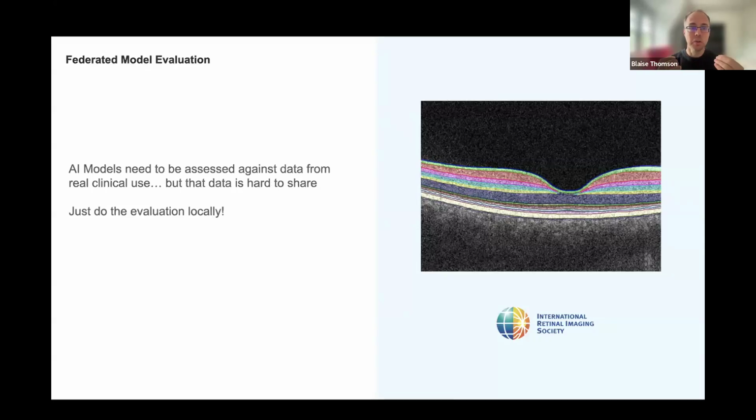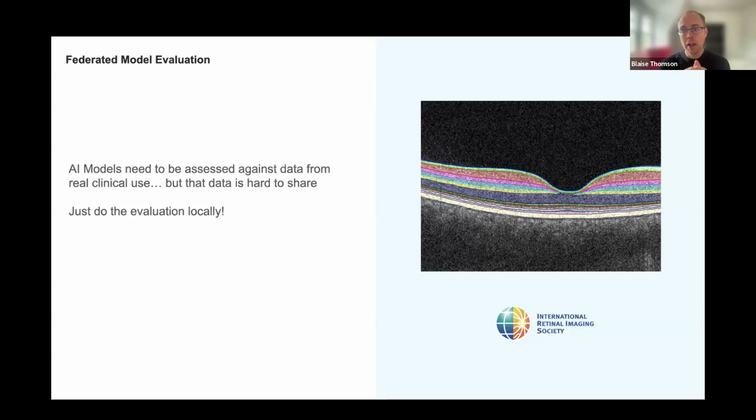That's really cool because a big problem for developing these new AI diagnostics is that they tend to only get validated on a few hospitals' data sets, but actually you want to test them out in real clinical settings.